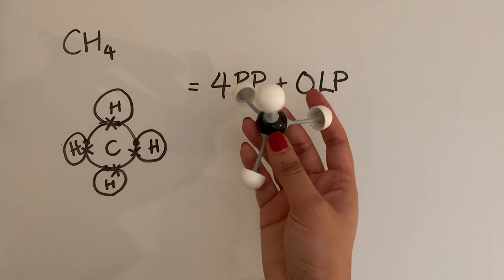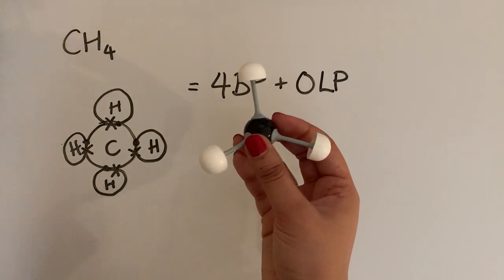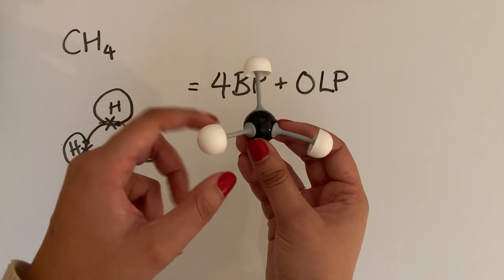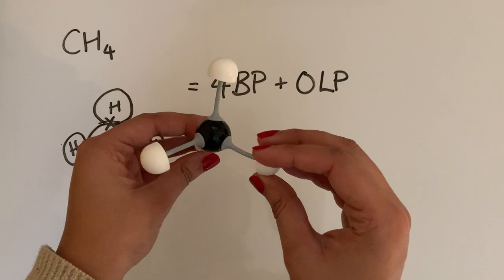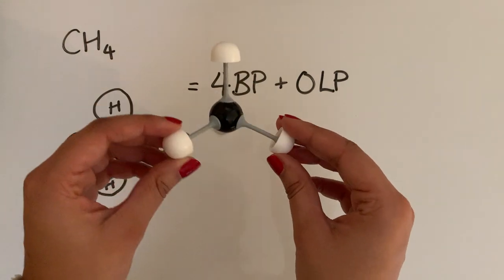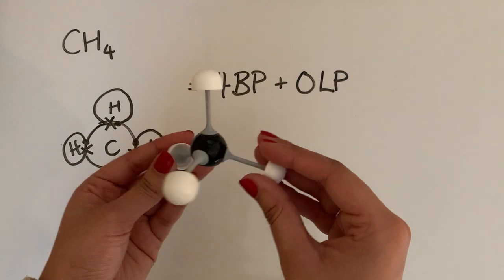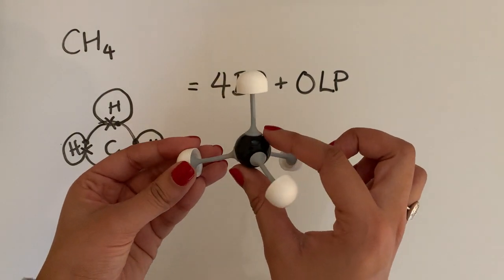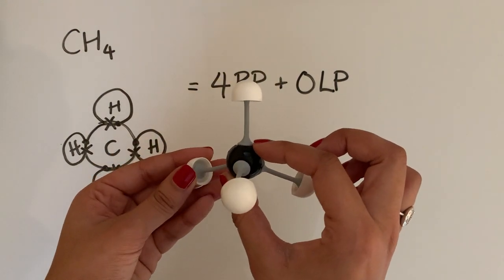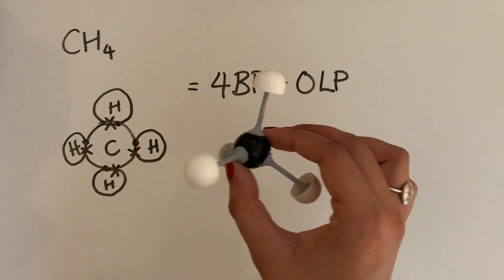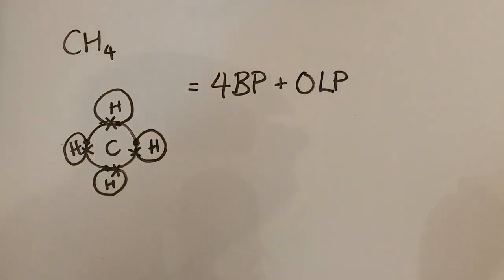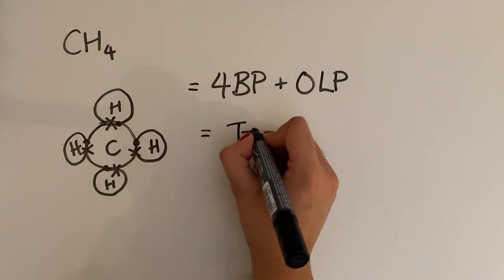And as you can see, all of these bond pairs, so imagine that the bond pairs are these actual bonds over here, they are as far away from each other as possible. So this is the shape that methane adopts because it has 4 bond pairs and 0 lone pairs around the central atom. And this shape is what we call a tetrahedral shape. So it adopts a tetrahedral shape.